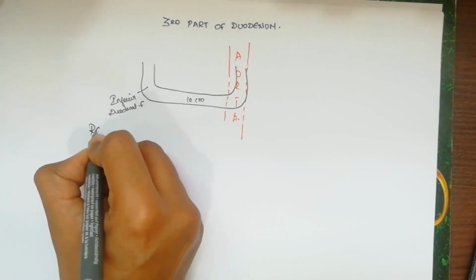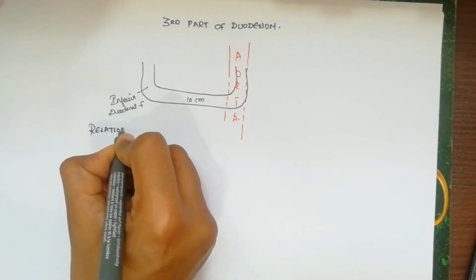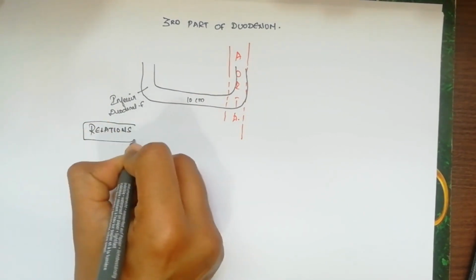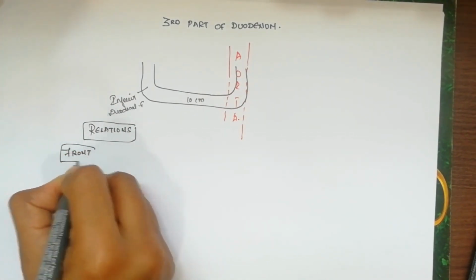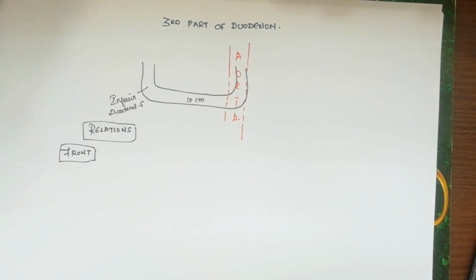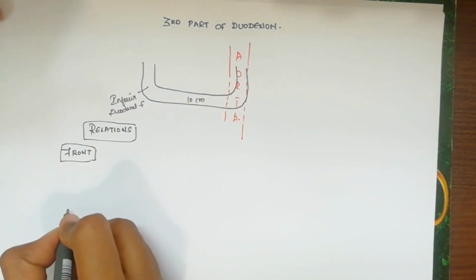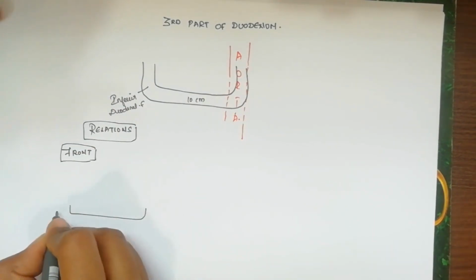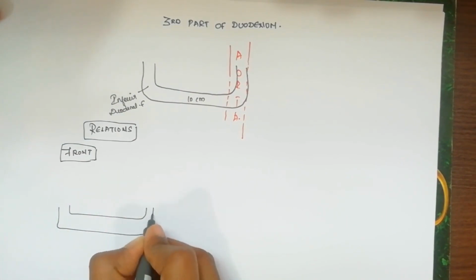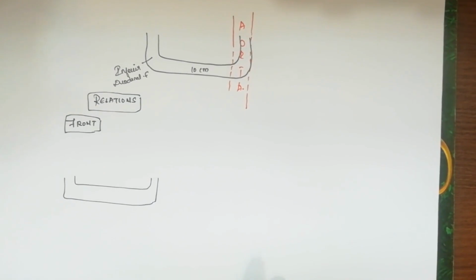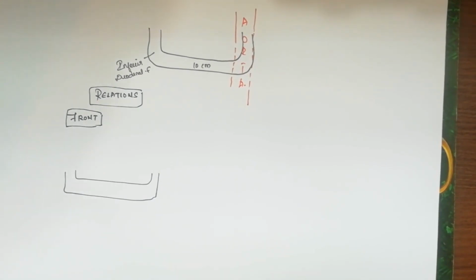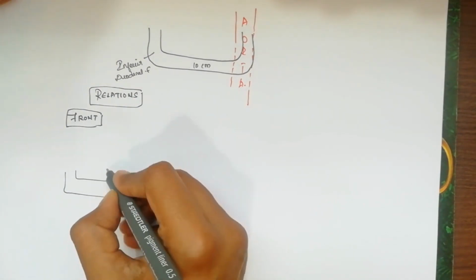So relations we are going to see, first front relation. So we have got again third part alone we are taking. So only the third part we have taken. So the third part anteriorly it is related to vessels, the mesenteric.